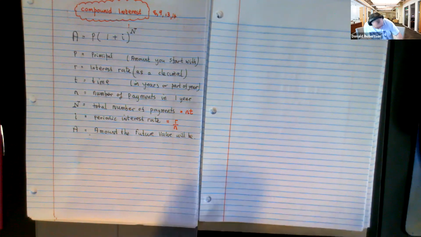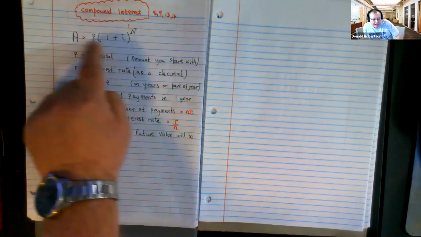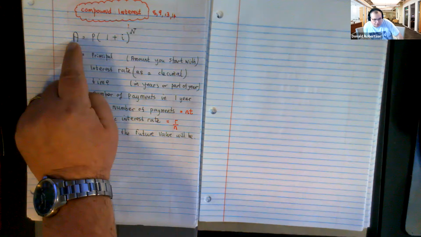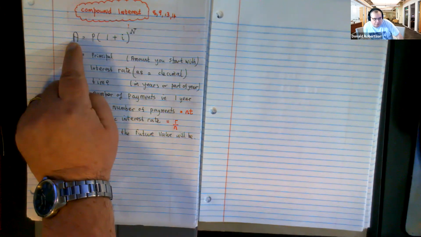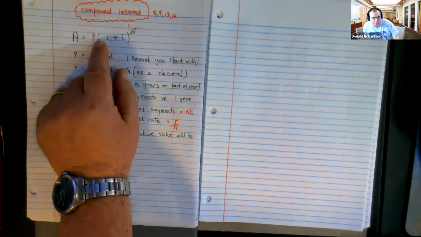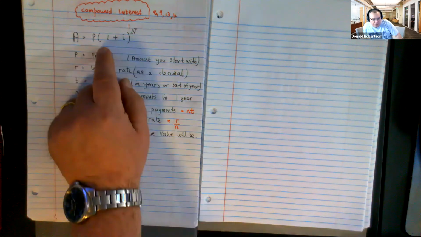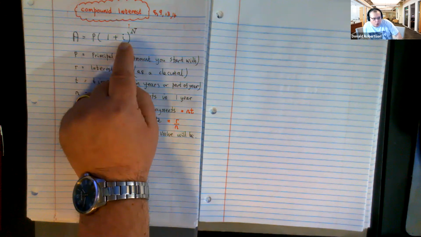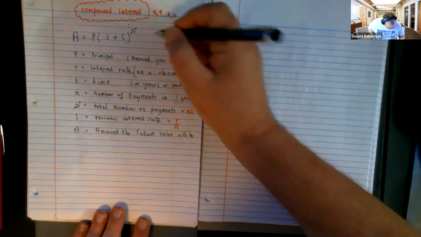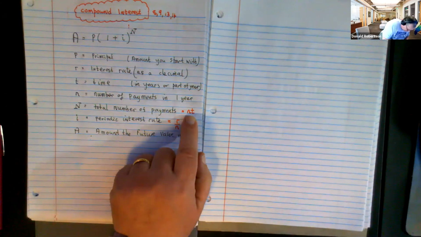And here is the big formula for compound interest. A, the amount or the future value that your money is going to be, is P, the principal, what you start with, times 1 plus i, sometimes we'll call it r over n, that's called the periodic interest rate, i, all raised to the power of a big capital N, and capital N is nt.